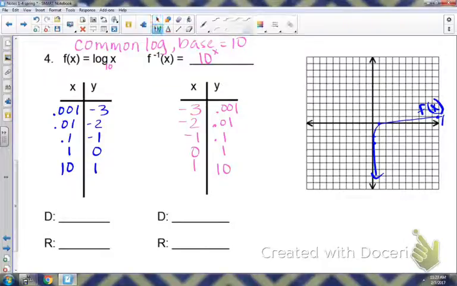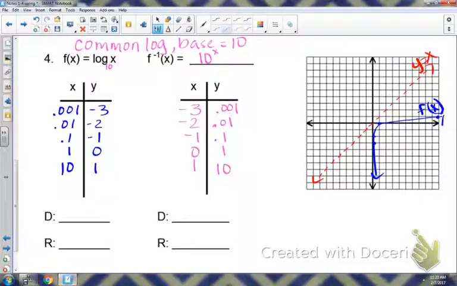And then I'm going to graph my y equals x line. And then I'm going to graph the exponential graph.